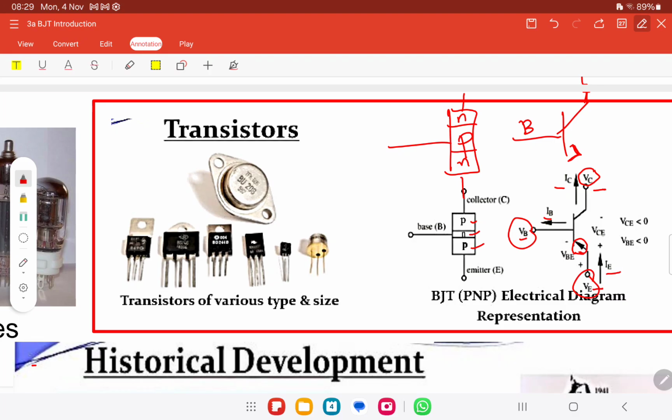And in the middle there is VCE, VBE, the voltage in between.